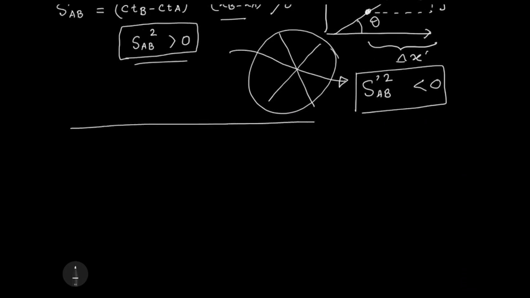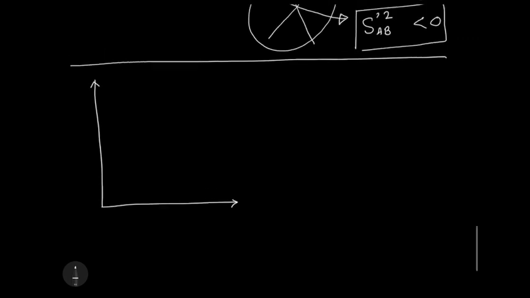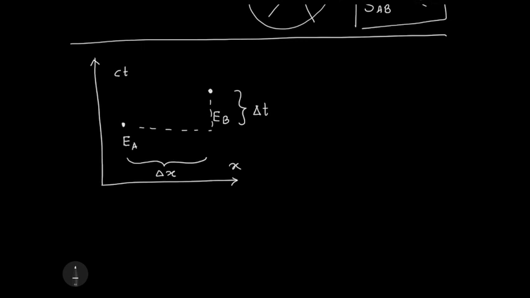Let us talk about two other types of intervals, and I will not spend a lot of time on them. So let's say, the example that was coming here, say there are two events happening. These two events are not part of trajectories, they're just two events. Like you are born in Varanasi, your friend is born in Jaipur, for example. So here, this is my delta x and this is my delta t, x and ct.